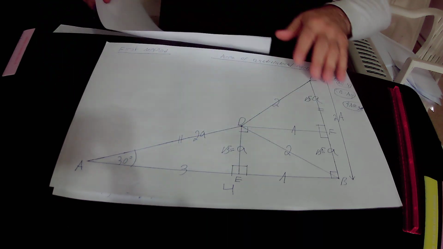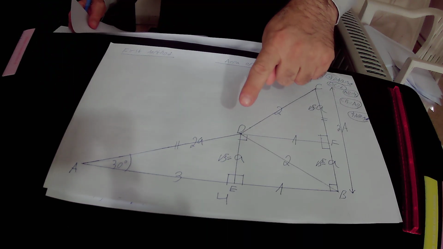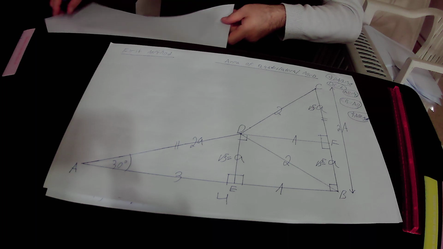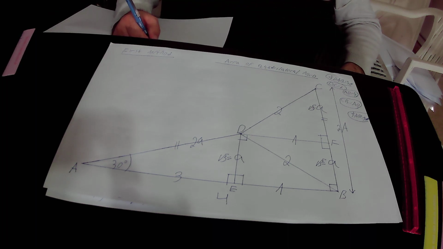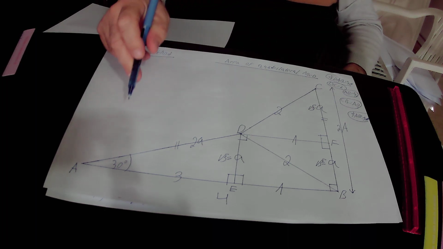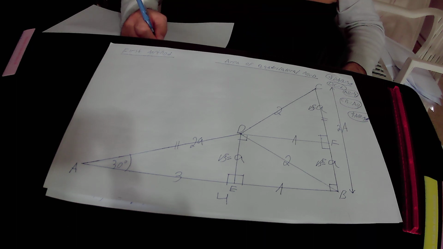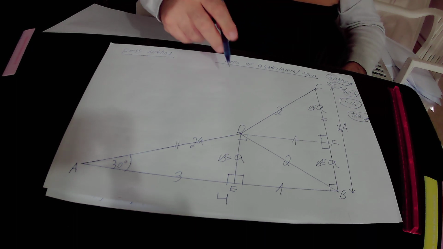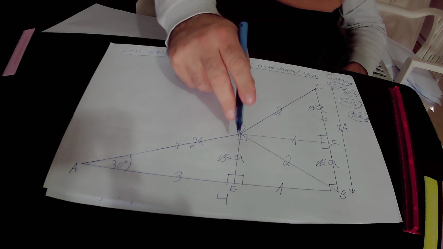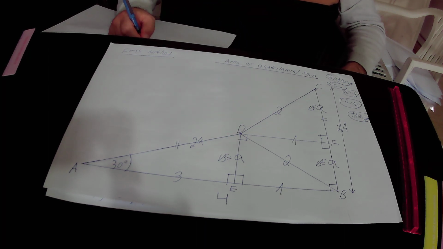And the area of triangle AED equals the base of the triangle, that is AE, times the height to the base, that is DE, over 2.